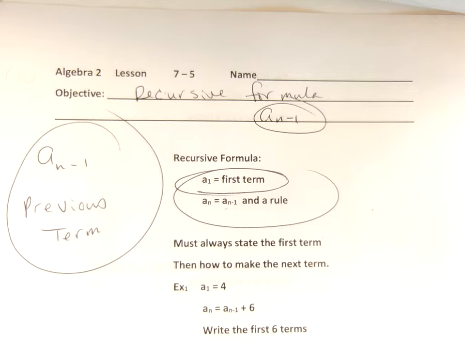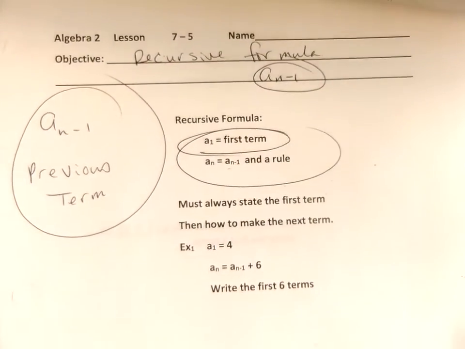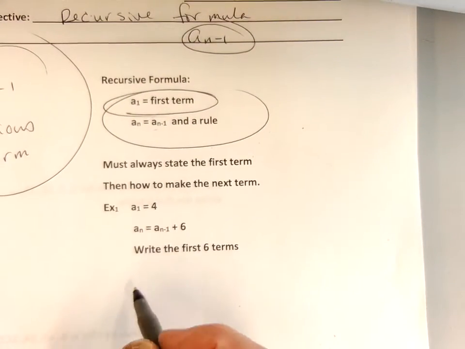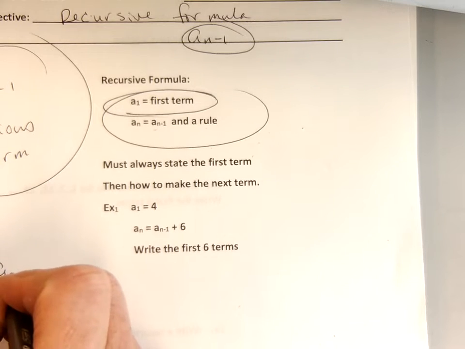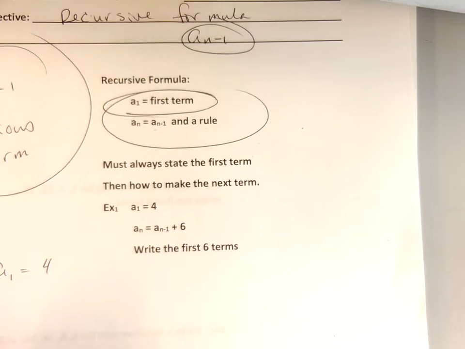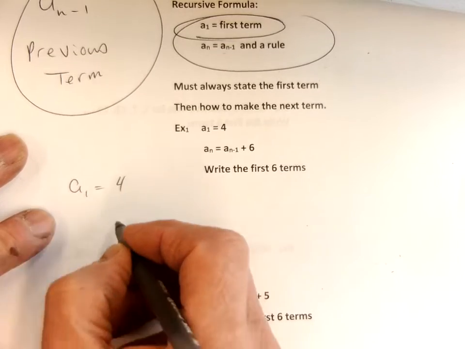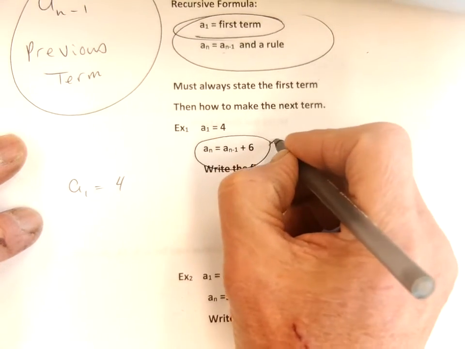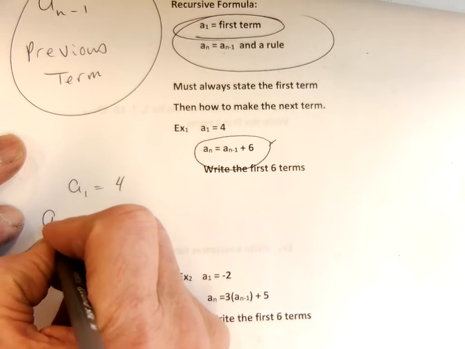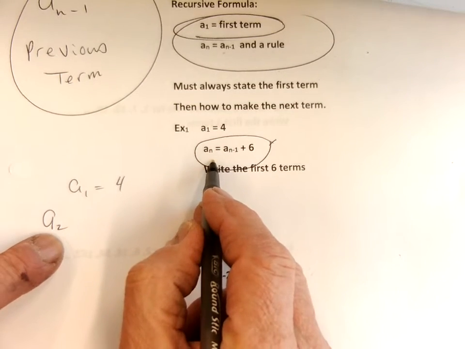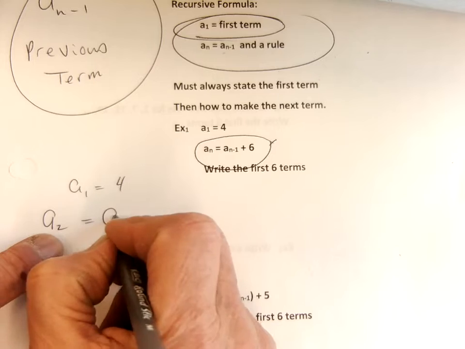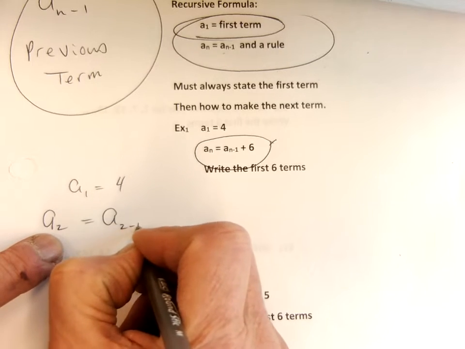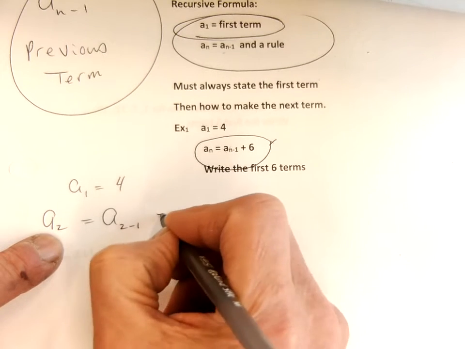So if I take a look at example 1, and I'm going to write the first 6 terms, I've got A1 already. A1 is 4. So if I want to find A2, A2 will equal A to the 2 minus 1, plus 6.